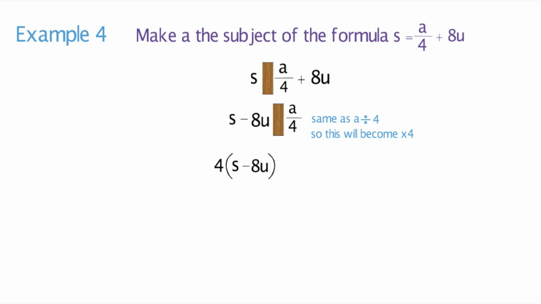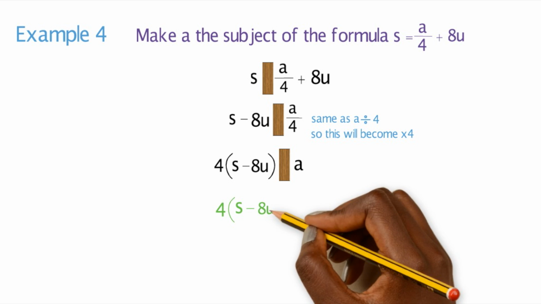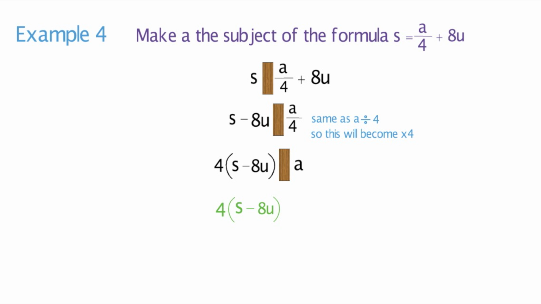So then you end up having 4 bracket s minus 8u, close bracket, and then you've got your fence a. And because a is whatever we wanted to make our subject, that would be our final answer. So just remember, when it comes to fraction types of these questions, use the whole multiplication thing to help out.